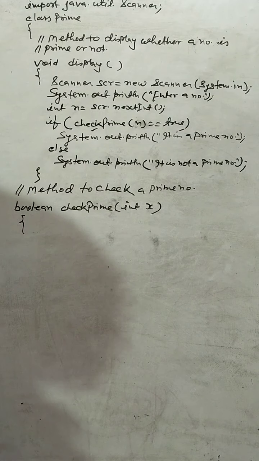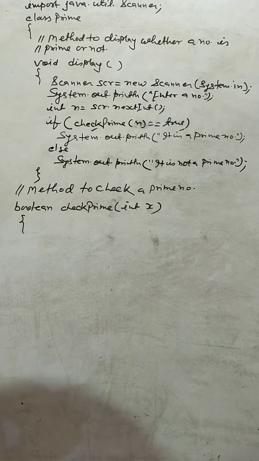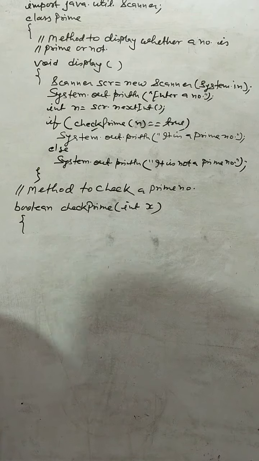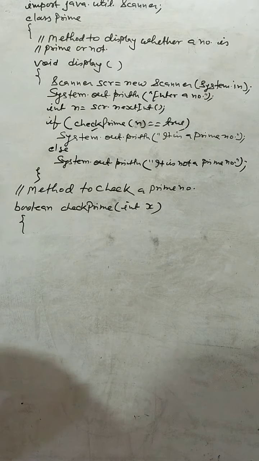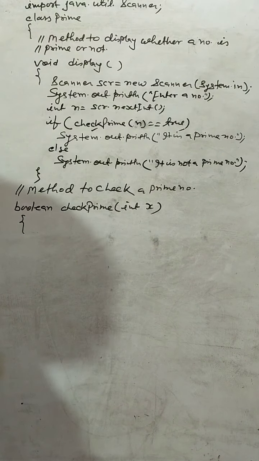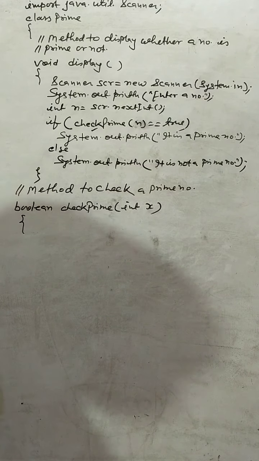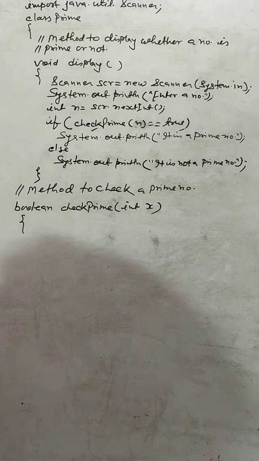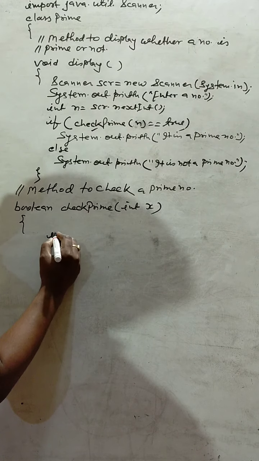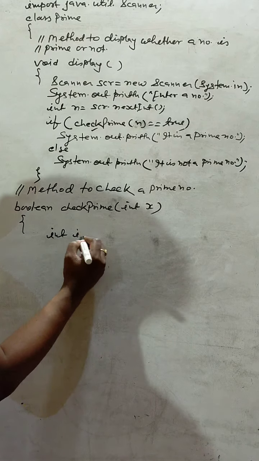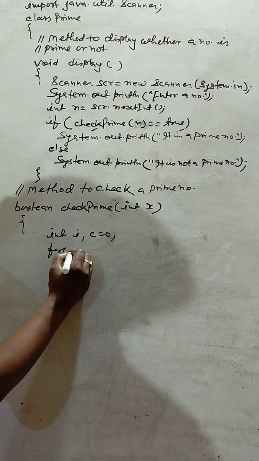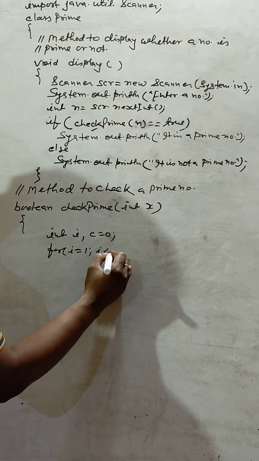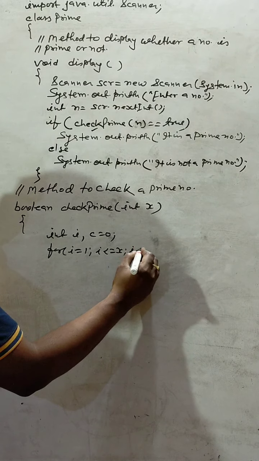And we know the logic of checking a prime number is that we count its number of factors. If the number of factors of a number is 2, that number is considered a prime number. So let's count its factors. int i, c equal to 0. For i equal to 1, i less than or equal to x, i plus plus.